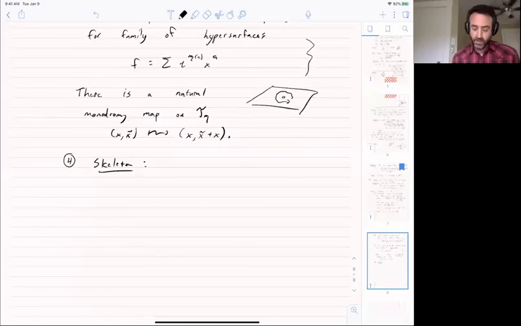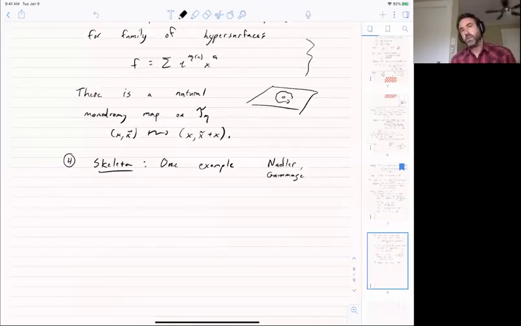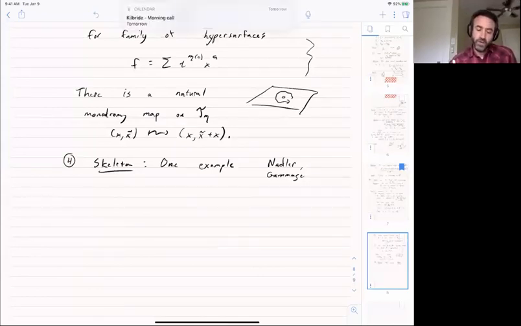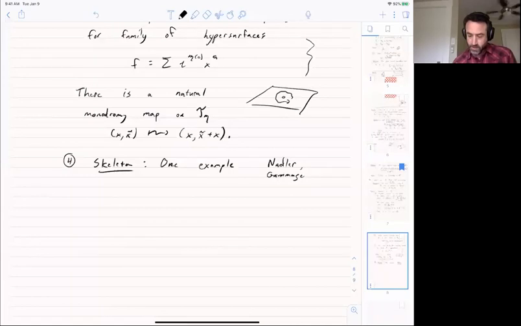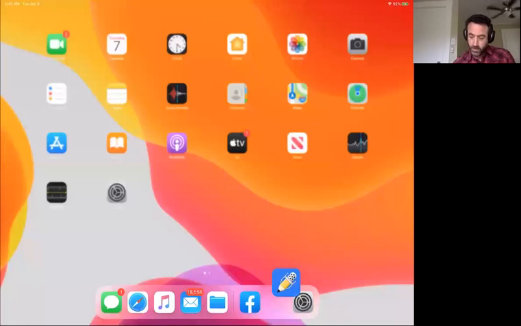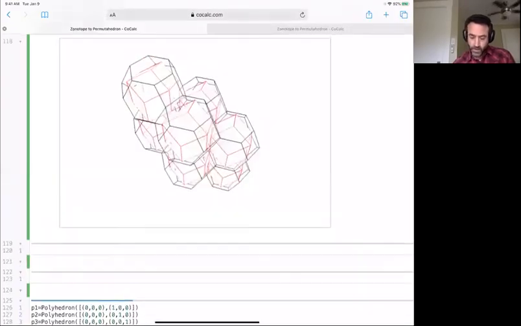One example, I think I only have time for one example, is maybe Nadler and Gammage. They talk about this permutahedral, and probably others talk about this quotient of the permutahedron. What you can see with this tessellation, that's not quite a tessellation, with this polytope, as you move it around corresponding to a pair of pants, is the following picture that I'll share, which is right here.